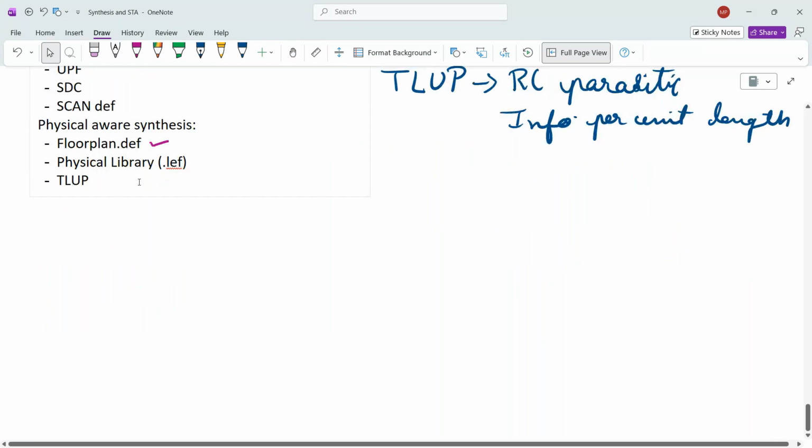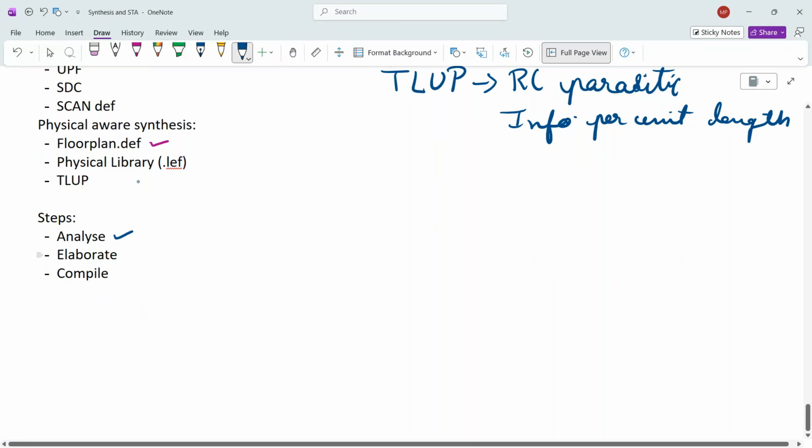Fine. So after this, there are different steps in synthesis. Mainly we talk about analyze, elaborate, and compile. After that, we get the output. In analyze, what happens?